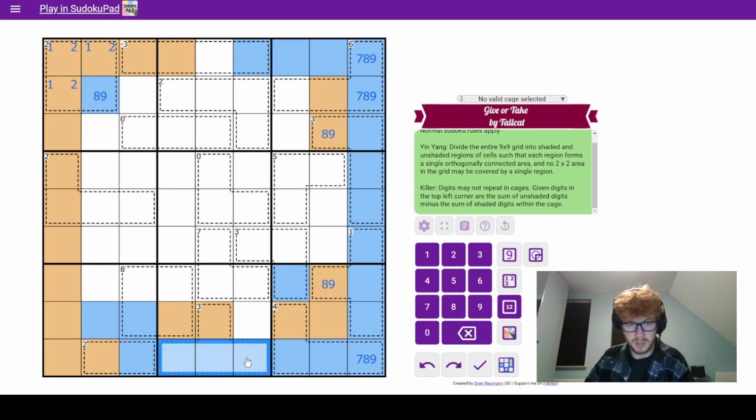That's 24. So the minimum this can be is 21, because the whole row is 45. So maximum 24 means this is minimum 21. And there's a difference of 2 between these, which means the max these can be is 15.